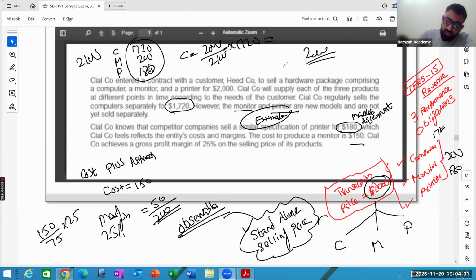Now, the total transaction price is 2000. Standalone total is 2100.